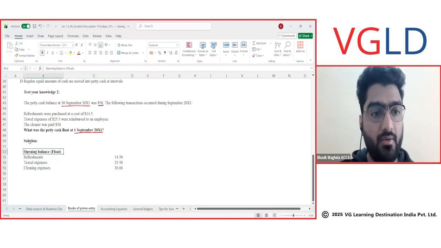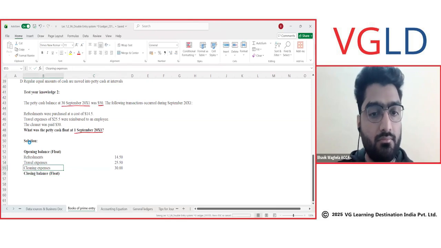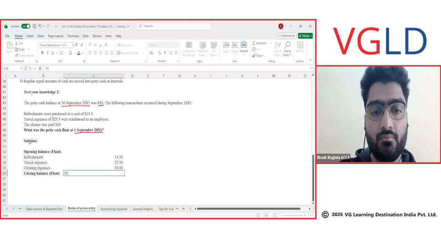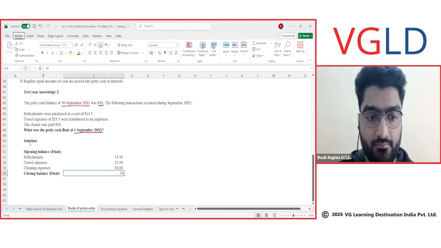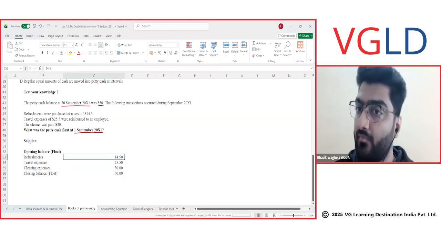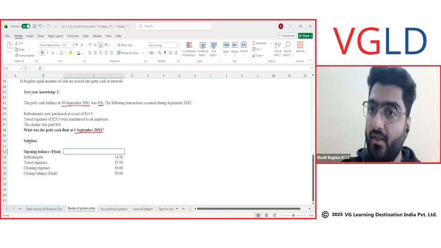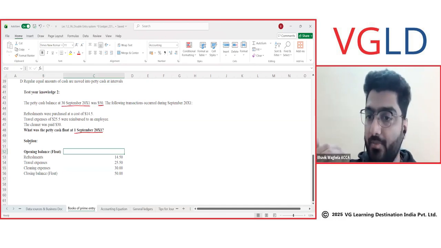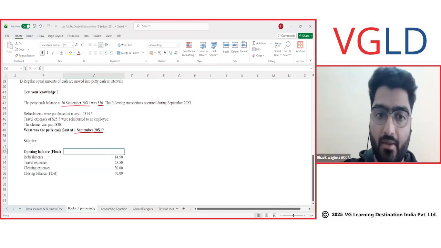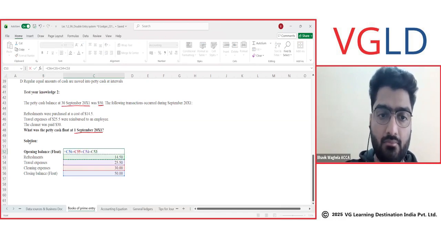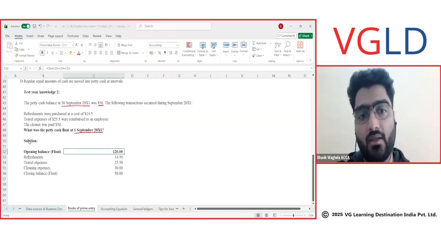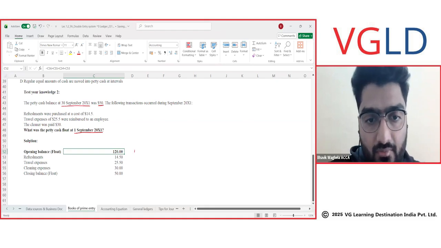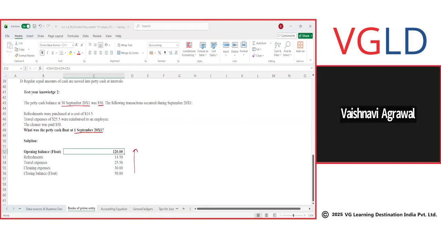And what is my closing balance, also known as the closing float? I want to find the opening balance. So generally, I reduce the payments, but we are going in reverse, so I add. 120 is the answer. Everyone understood? We did a reverse working. Yes, sir.